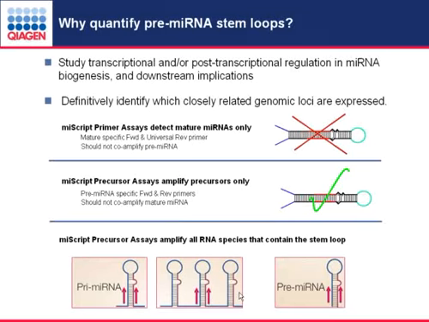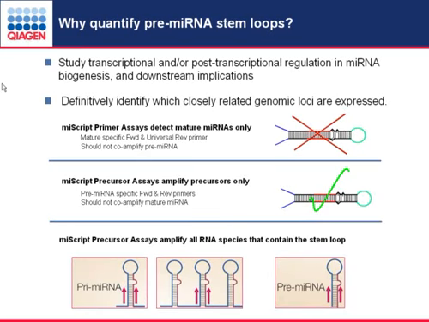And just as a background of why you would want to quantify pre-miRNA stem loops, you want to do this when you want to study transcriptional and or post-transcriptional regulation in microRNA biogenesis and its downstream implications. And also when you want to definitively identify which closely related genomic loci are expressed.